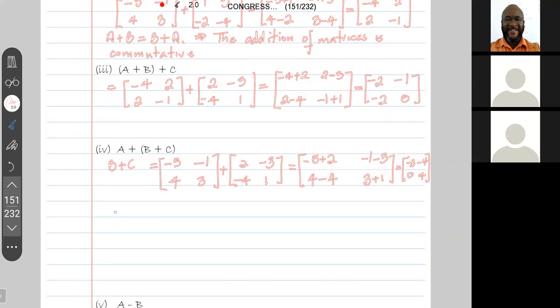Now we're going to find what is A plus B plus C. Now A is the matrix 1, 3, minus 2, minus 4, that is A, plus B plus C, which is minus 3, minus 4, 0, 4.